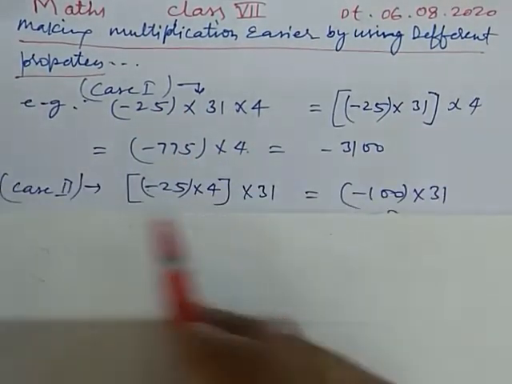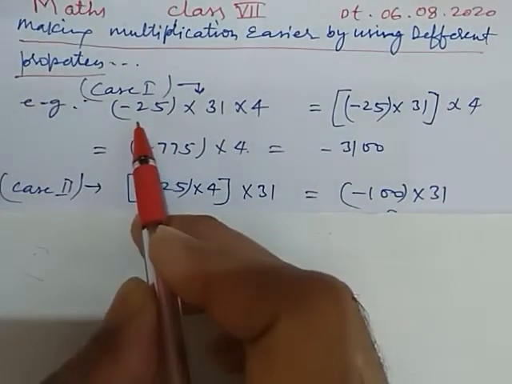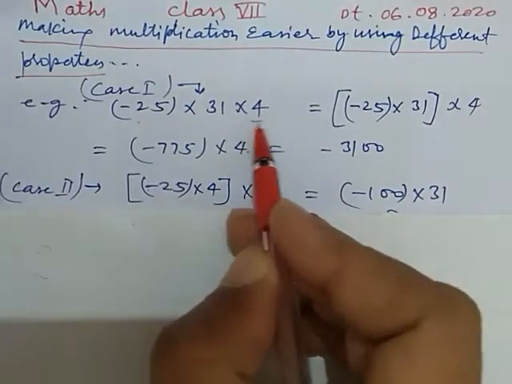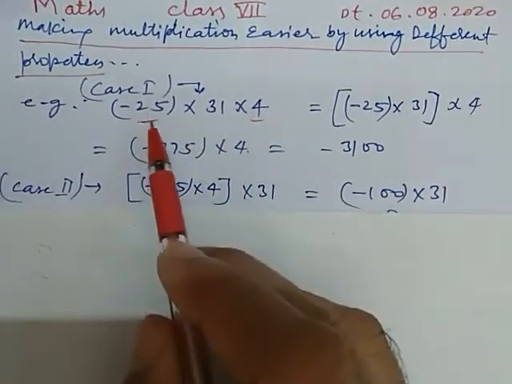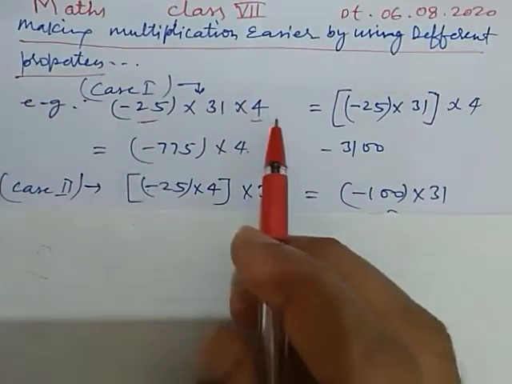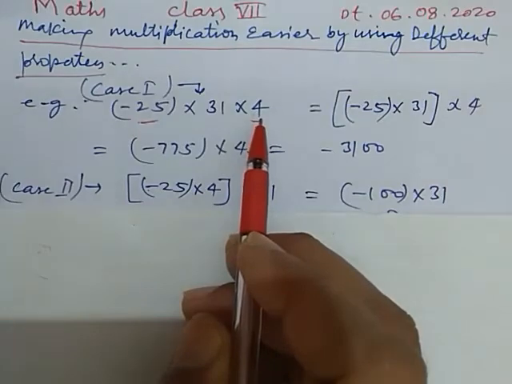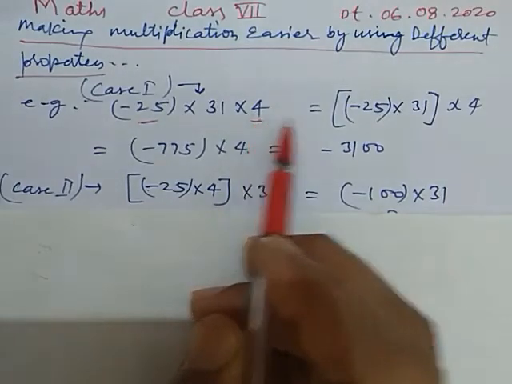Now the second case. Here first we take these two numbers. Instead of taking these two, we take these two. Why? Because the multiplication of these two is easier than this.